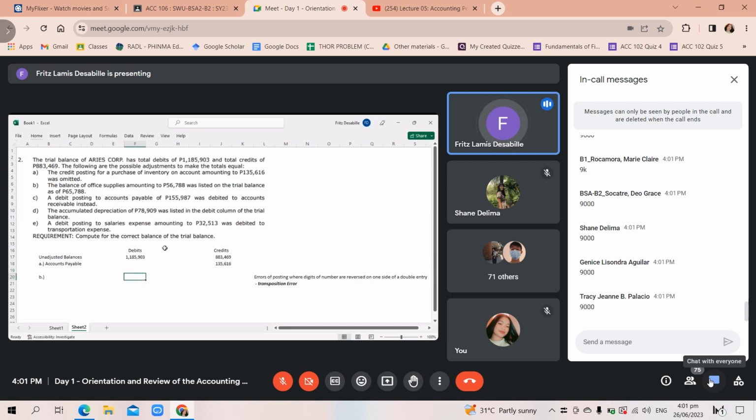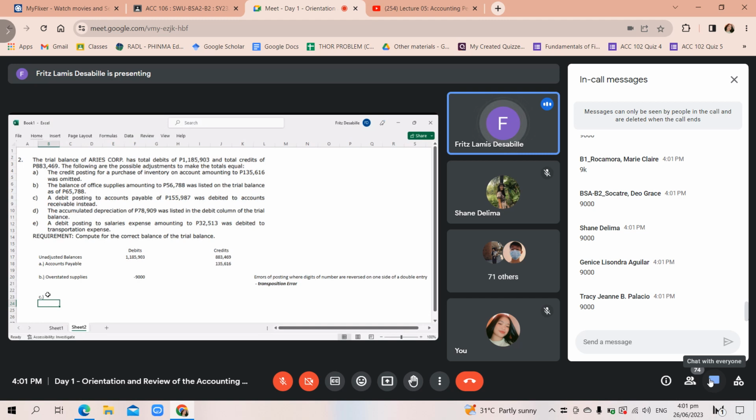Take note, ang composition sa atong debit is 1,185,903 includes the 9,000 overstatement. So to adjust over inventory supplies, we deduct 9,000 from 1,185. Okay.